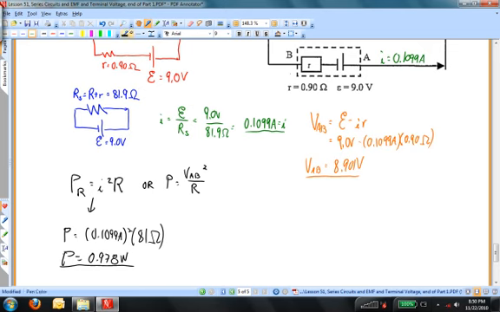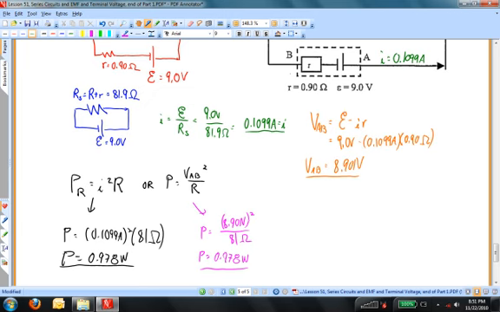On the other hand, if I used the other power formula, then I would say that the power is going to be V squared, this 8.901 volts, because that's what's actually falling across that resistor, divided by R, which is 81 ohms. And again, now I need my calculator. Numerically, I get the same answer as I did with the I squared R formula.